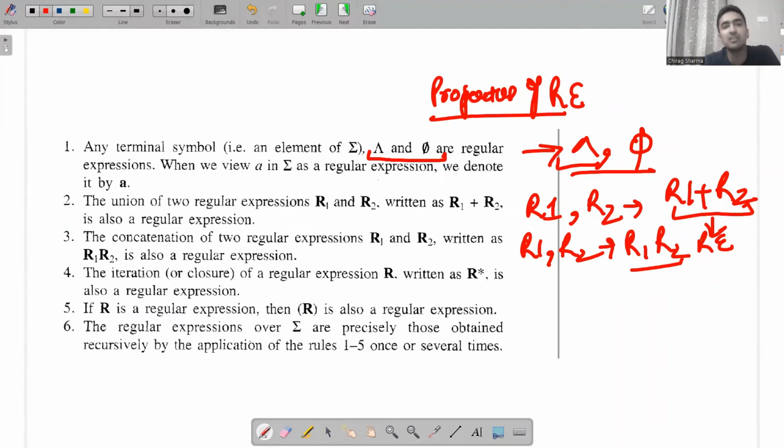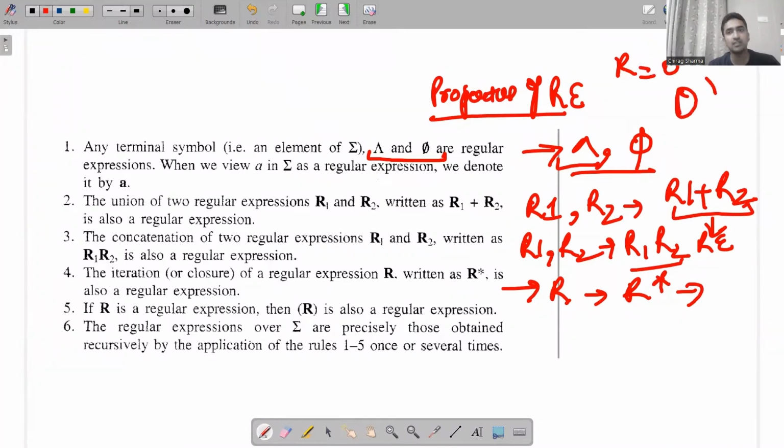Why? Because regular expression is the string acceptance of a particular automata. If R is my regular expression, then R star is also a regular expression. Why? Because if R is equal to 0, then 0 star means R star is also a regular expression.